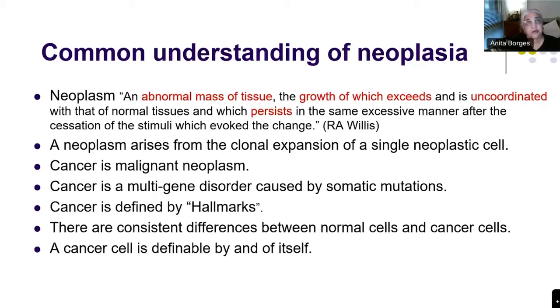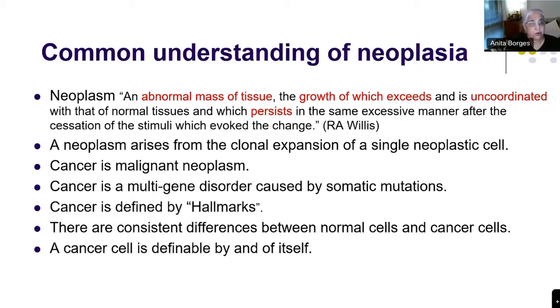Now, if there's anyone amongst you students over here who says that they haven't heard this definition, then please let me know. Okay. Otherwise, what we understand about neoplasia is this definition.